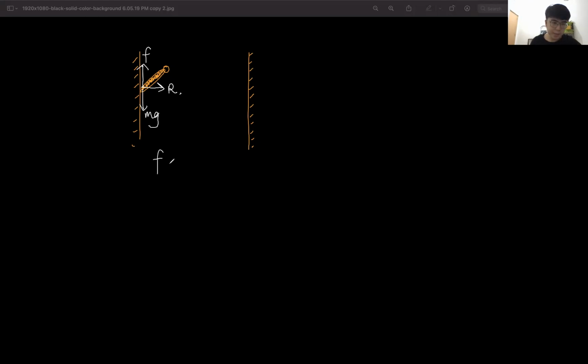So F must be equal to mg to keep it stay up. So mu R equals mg. And we have R equals to centripetal force, mv squared over R. mg, okay, I put the R formula in.